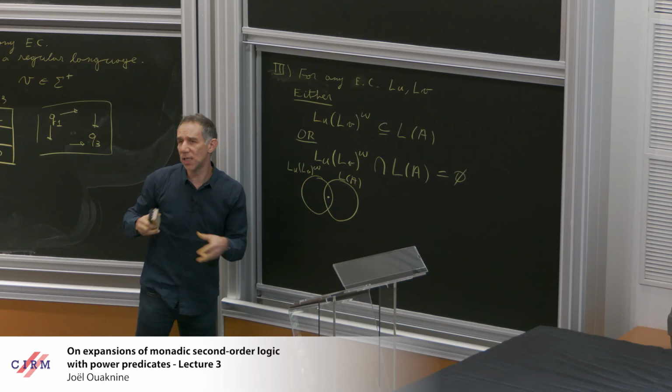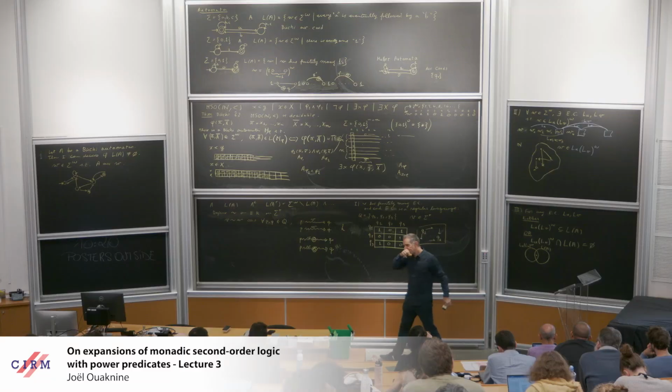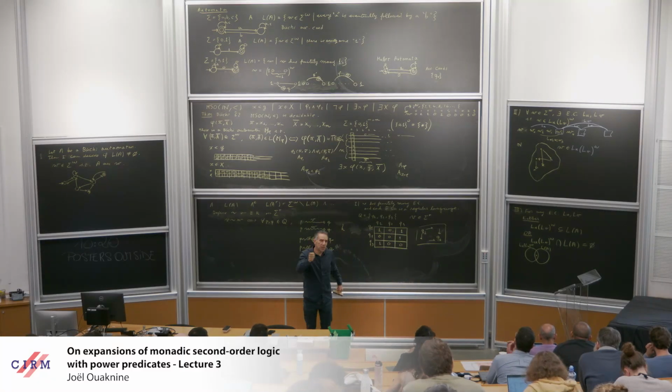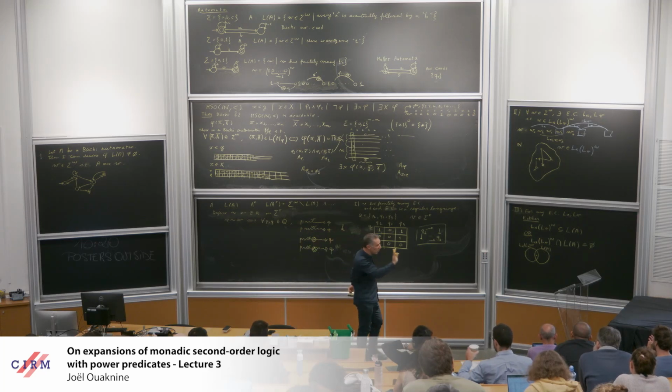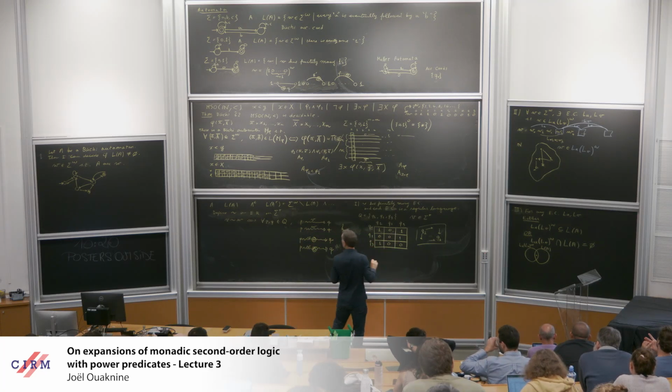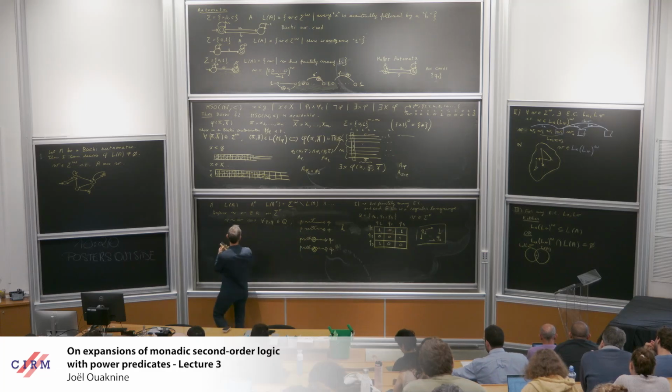So this entire thing is sucked into L of A. This is something one has to write out to be absolutely sure, but this is actually a simple thing. And I am now done.